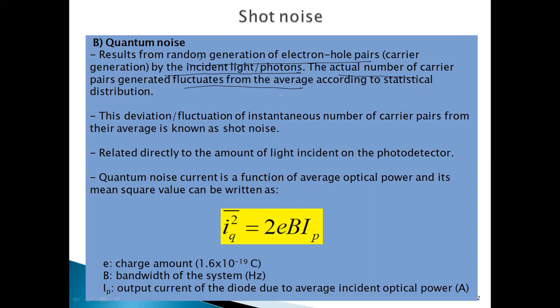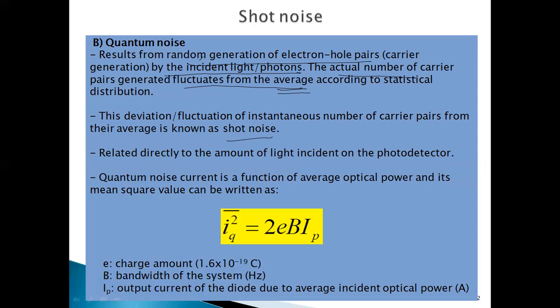The generation of these electron hole pairs is not uniform, so it will randomly fluctuate from the average, and this creates what we call shot noise.